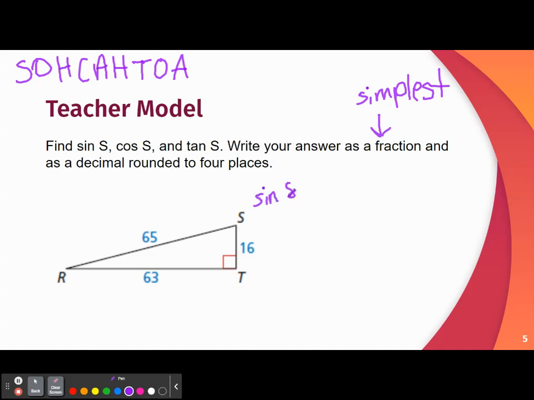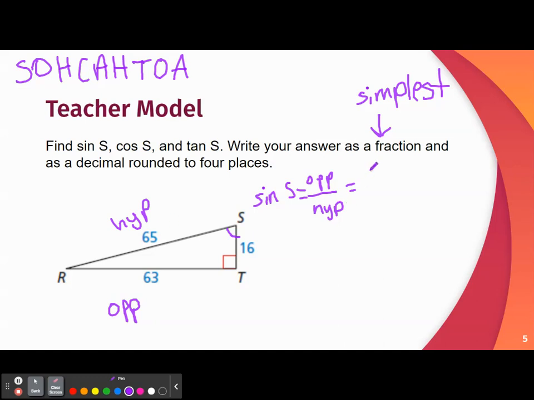Sine of S is opposite over hypotenuse. So look at angle S. The side opposite of angle S is the 63. So I'm going to label this side as opposite. And the hypotenuse is always across from the 90-degree angle, so 65 is the hypotenuse.